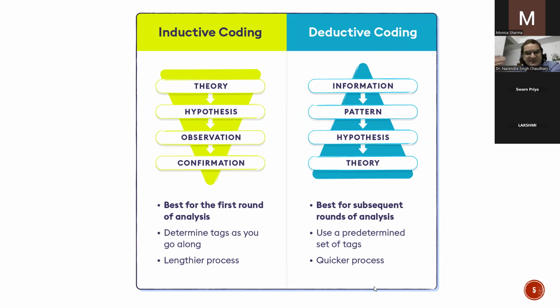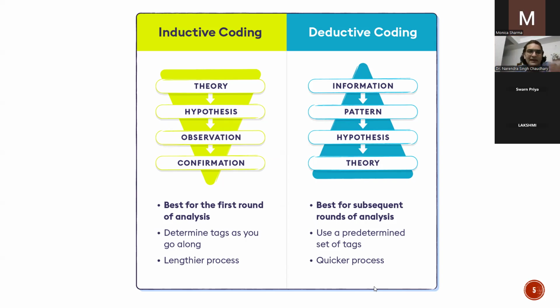Deductive: information I'm already having, I will take out the pattern, the hypothesis have been made, and then the theory has been there. So it's best for the subsequent round of analysis. It uses a predetermined set of tags, where such evidences are already available. So you can say it gives me a background. I'm having certain evidences, so this process is a little quicker if I compare it.